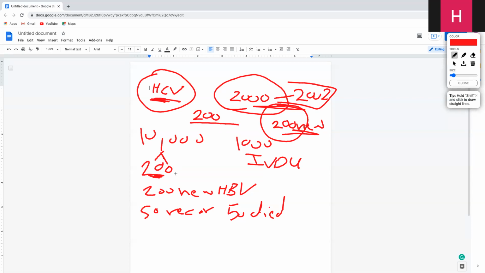And then the denominator: is it going to be the 10,000 population? No, this is the general population. It will be the population at risk. Who are the population at risk? They are the 1,000. But from the population at risk, there were already 200 people who had the disease.